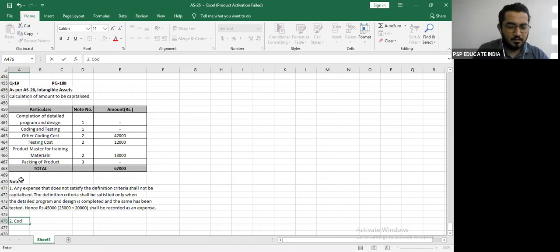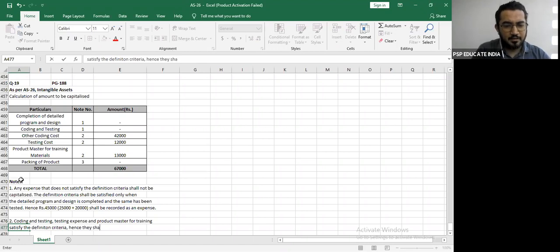Second, coding and testing expense and product master for training satisfy the definition criteria, hence they shall be capitalized.